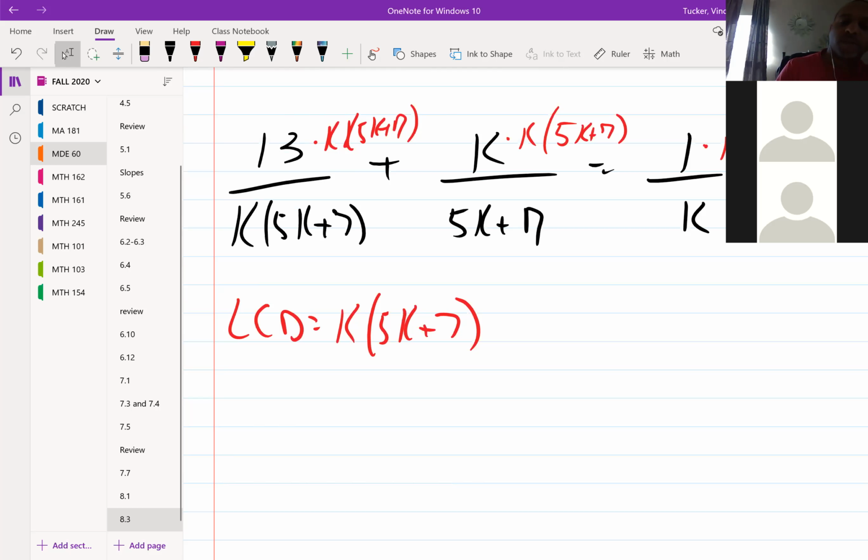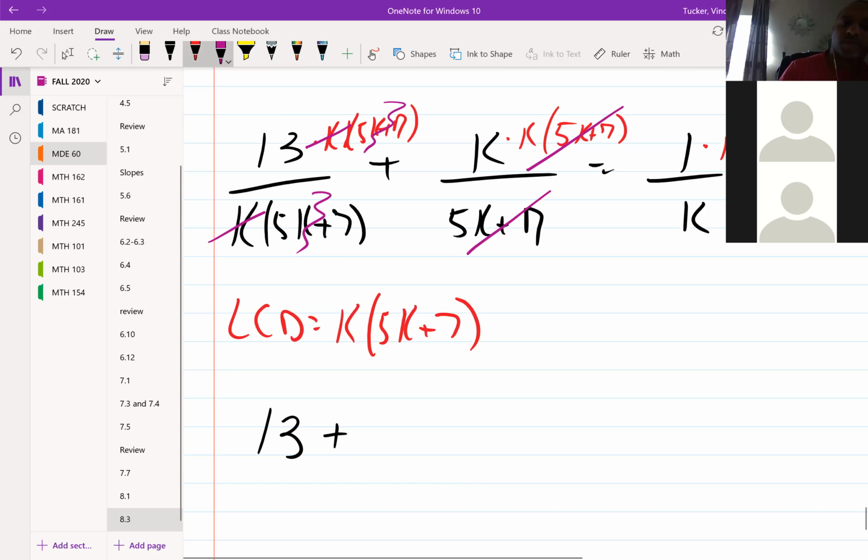So I take 13 times 5, I get 65. Hold on. Don't forget to cancel, though. Remember, the purpose of doing that is because they're going to cancel. I got to cancel out the 5k plus 7, and the 5k in the numerator and the 5k in the denominator.